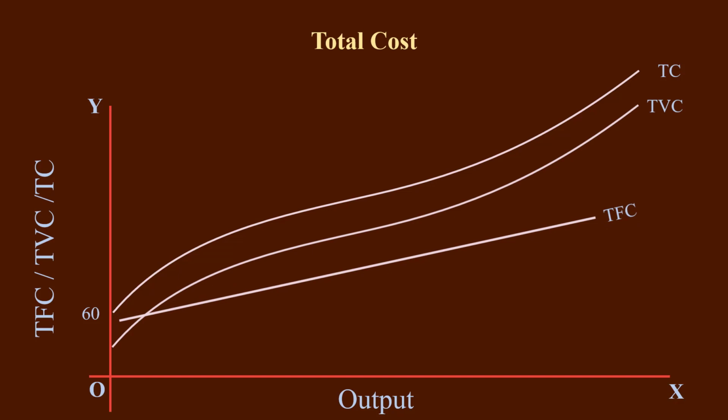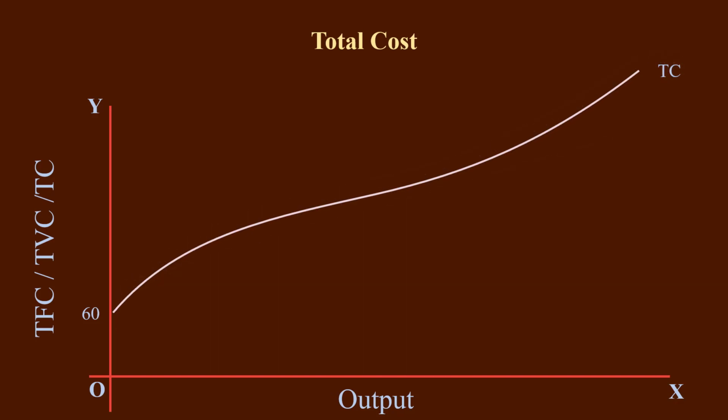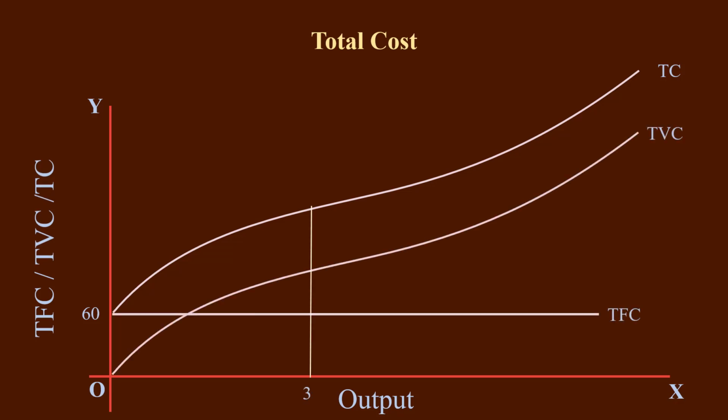By vertically adding total variable cost with total fixed cost, we obtain total cost curve. At output 3, total cost is 60 plus 114, 174. At output 5, total cost is 60 plus 220, 280.